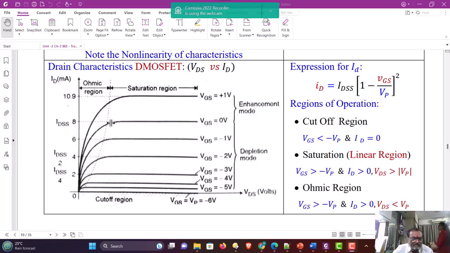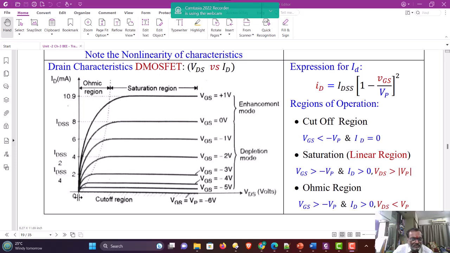If VDS is reduced to a smaller value, then the electric field of the drain supply voltage is lesser. If drain supply is lesser, it attracts a lesser number of electrons from the channel. And if a lesser number of electrons are drained away from the channel, the amount of current flowing is also less. Therefore, when VDS is decreased below some certain value, this corner value, the current is decreasing.